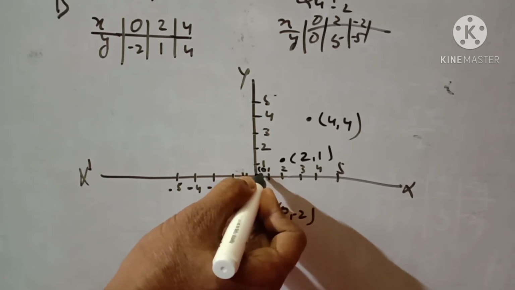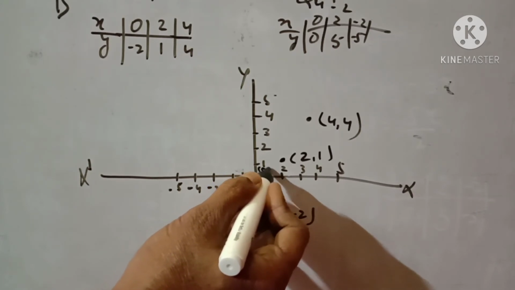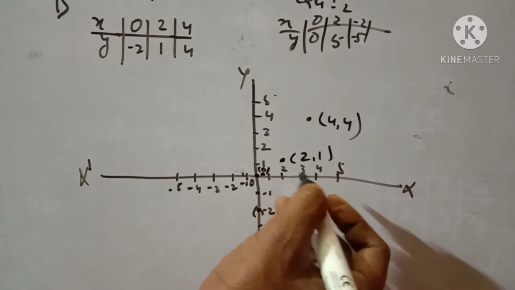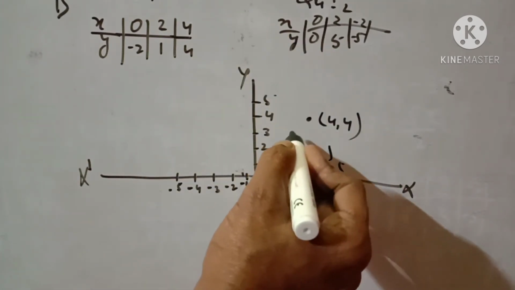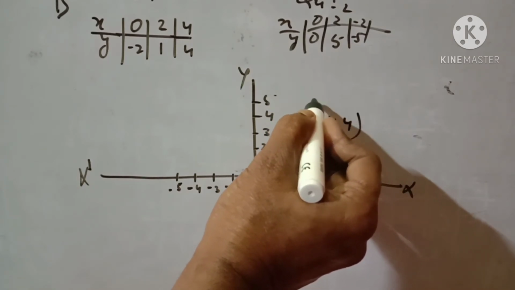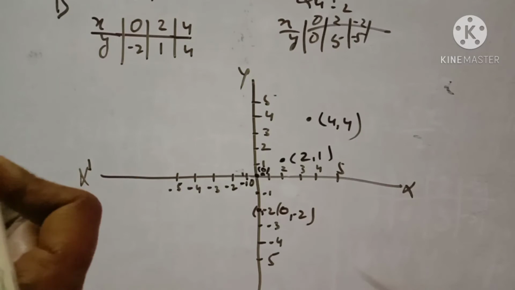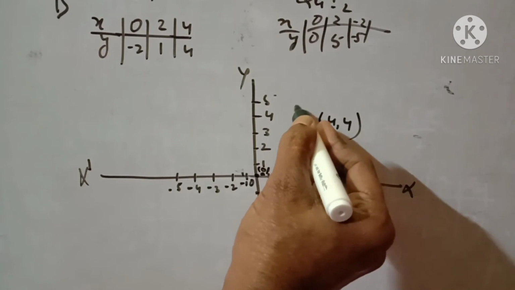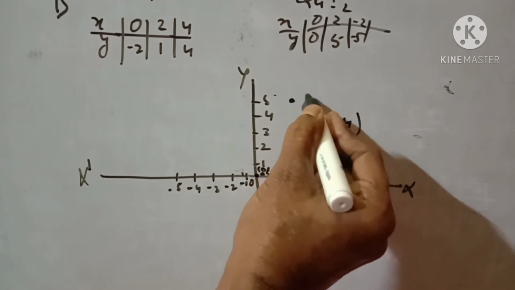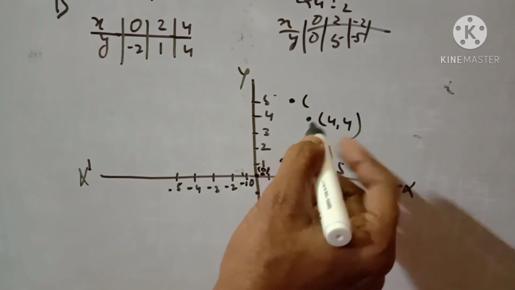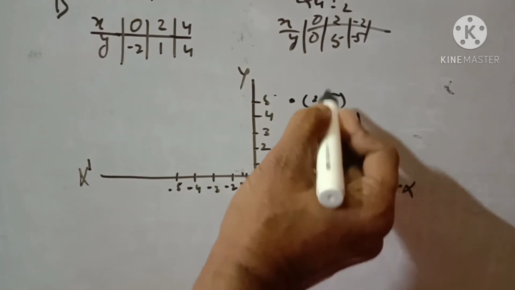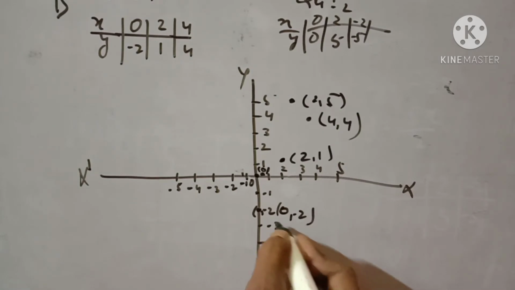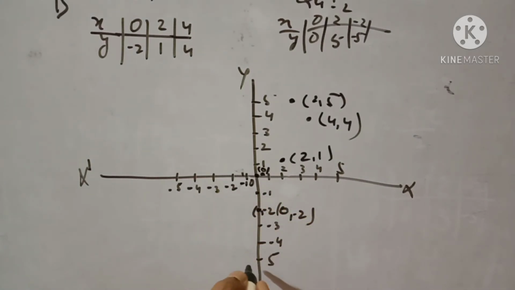Then 2 and 5 will come here only: x-axis 2, y-axis 5. Then minus 2 and minus 5 will come here only.